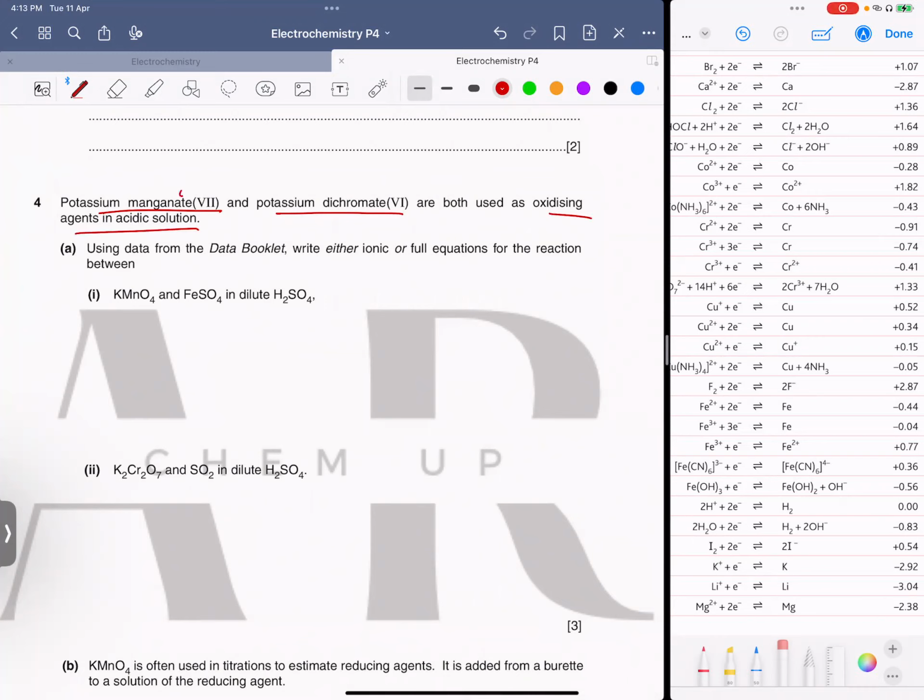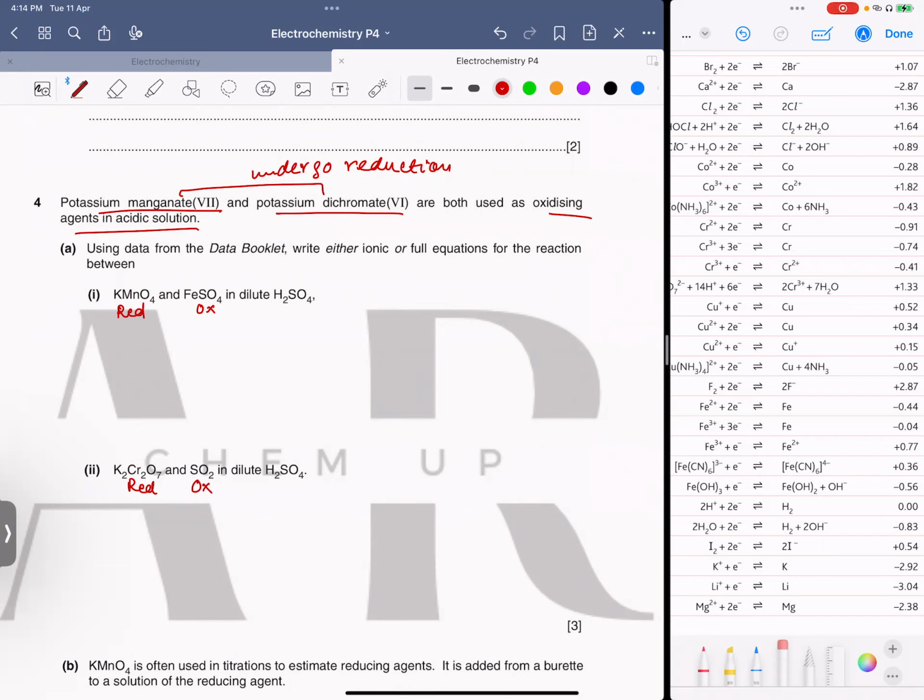So it means they both undergo reduction. So we have to choose the half equations for these two where they are undergoing reduction. So this would undergo reduction and this would undergo reduction. So obviously this one undergoes oxidation and this one also undergoes oxidation. Is this clear to everyone?